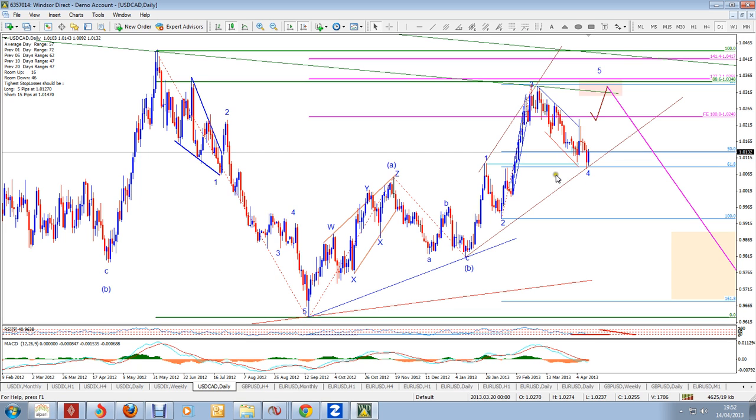So it's possible that if the dollar index completes its current cycle down and begins to retrace, then we should get a retracement here, and that would complete the 5 wave we are looking for in dollar Canada. So dollar Canada will do like that.